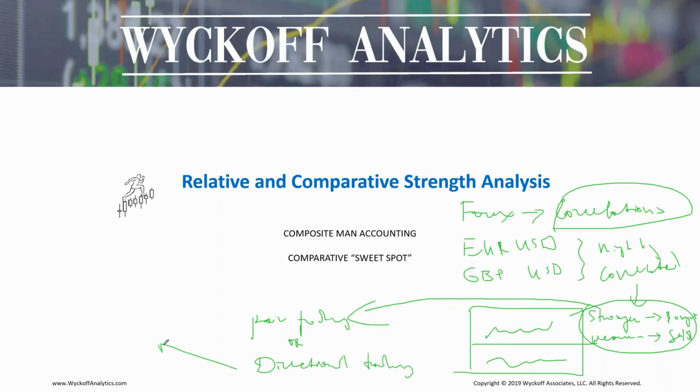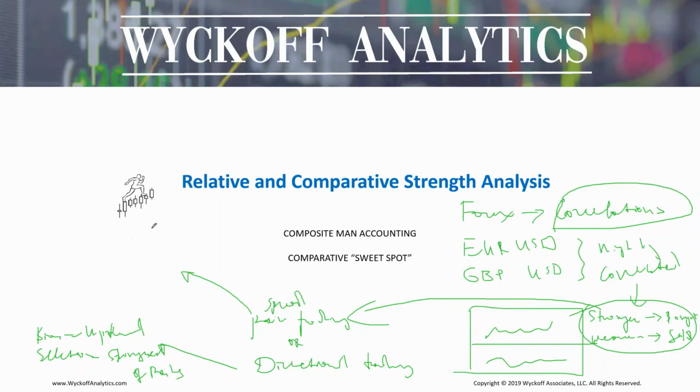In the directional trading, let's say that you define the bias as an uptrend. So then your selection is going to be the strongest of the pairs. And you would just disregard the second pair. In the pair trading or spread trading, you could do this.